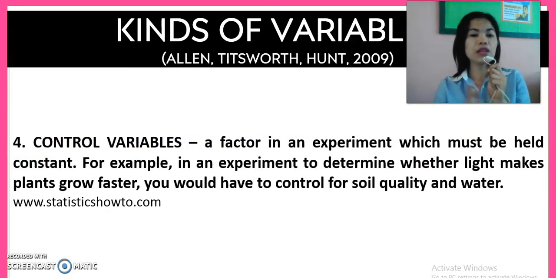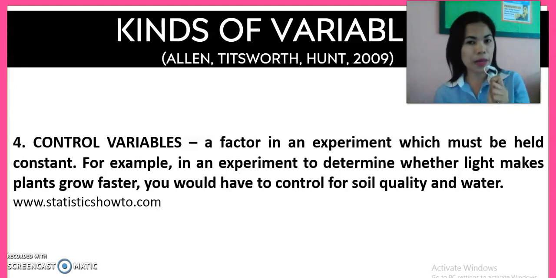Then control variables, a factor in an experiment which must be held constant. For example, in an experiment to determine whether light makes plants grow faster, you would have to control for soil quality and water. So there is something that you control in an experiment.